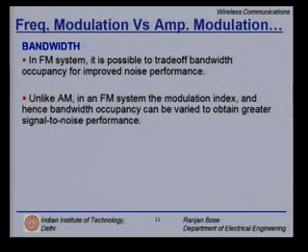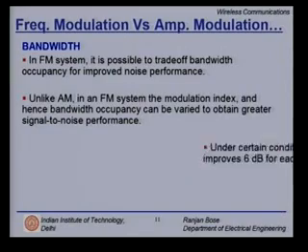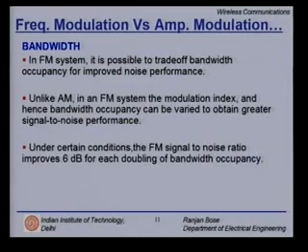Unlike AM, in an FM system, the modulation index and hence the bandwidth occupancy can be varied in order to obtain greater signal to noise performance. Under certain conditions, the FM signal to noise ratio improves 6 dB for each doubling of the bandwidth occupancy once you are above the FM threshold.